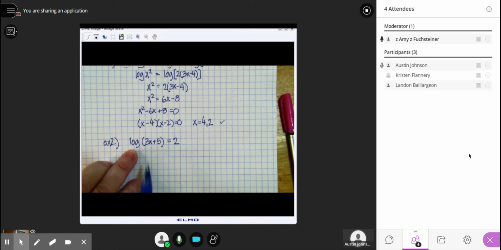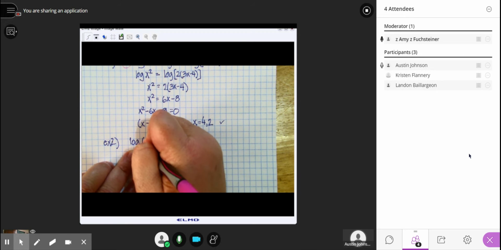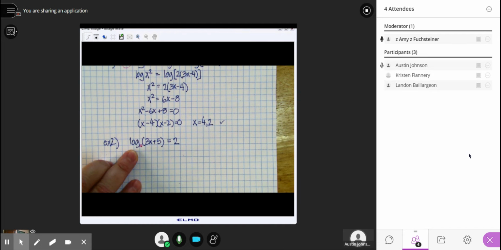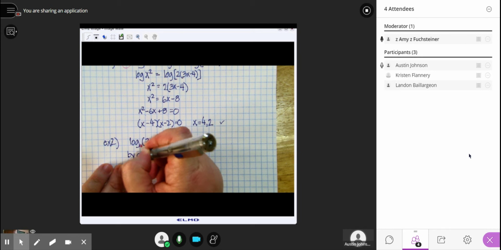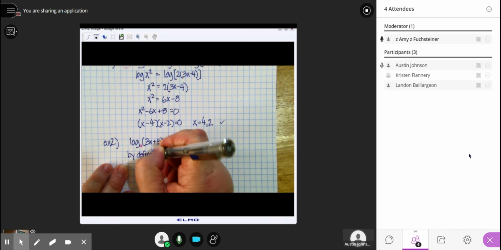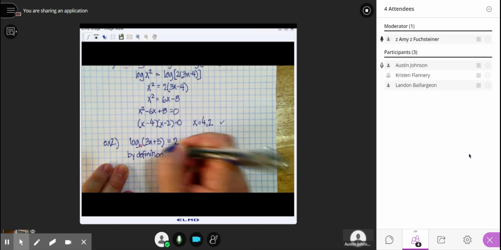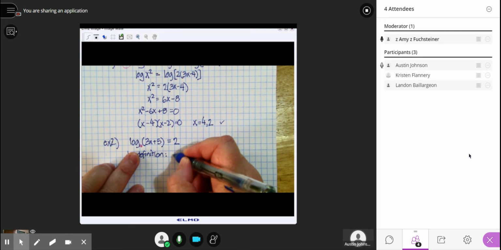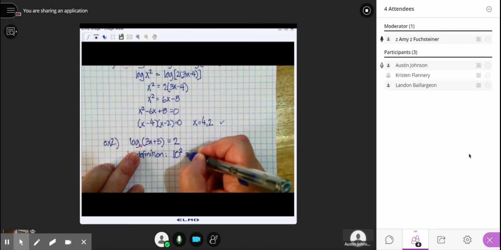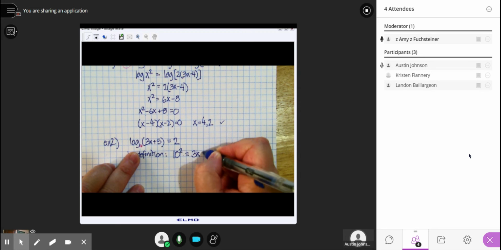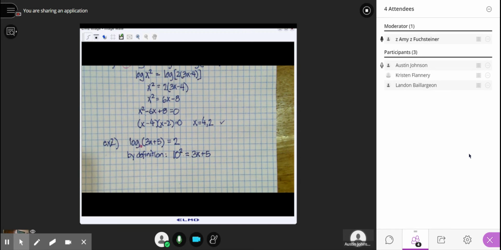By the way, what base is this? Log base 10. So there's a 10 here, even though we don't write it. If I use my definition, I know 10 to the second power has to equal 3x plus 5. Well, do I know what 10 to the second power is?